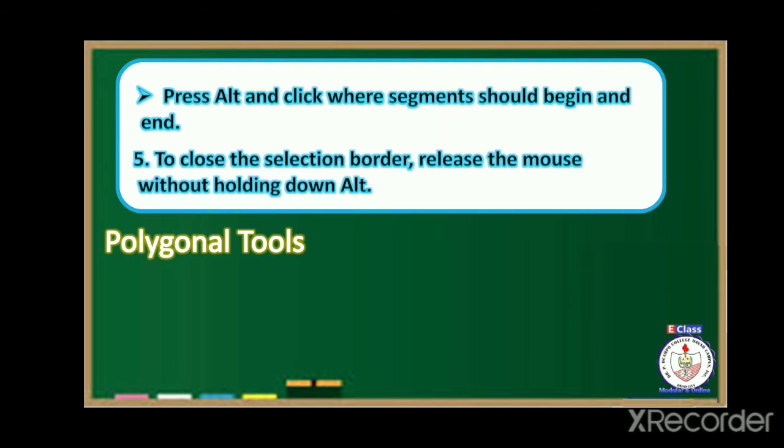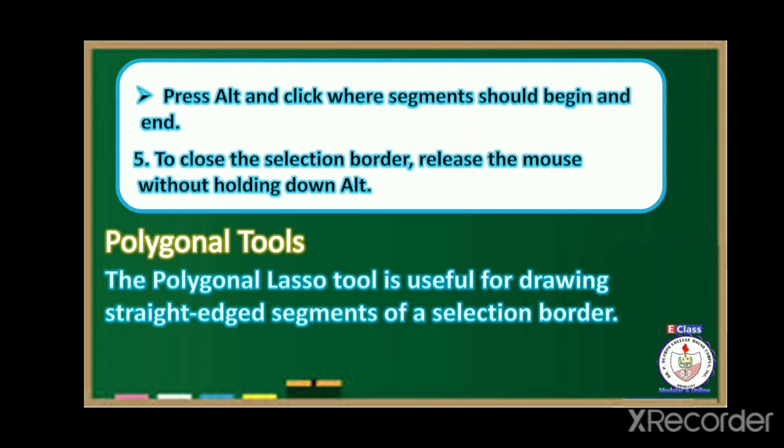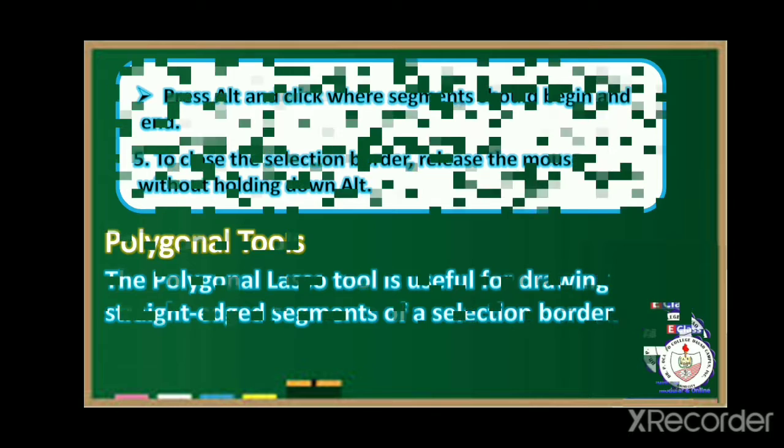Let's talk about the polygonal tools. What is the polygonal lasso tool? It is useful for drawing straight edge segments of a selection border. Let us try the polygonal tool.